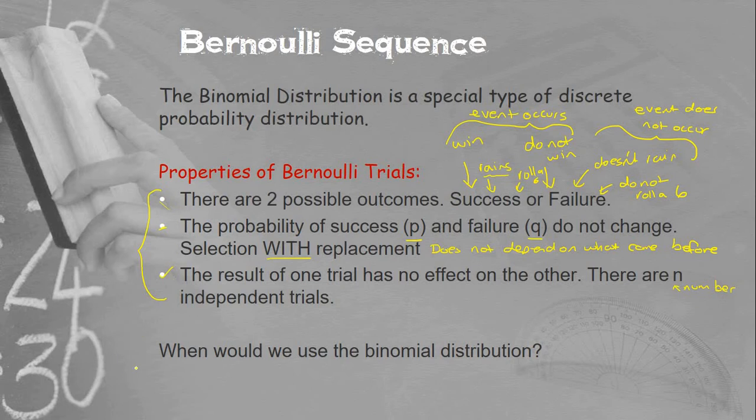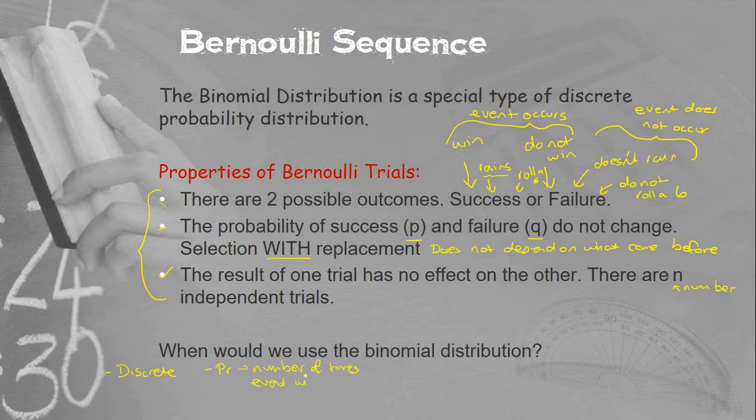We also need to be dealing with discrete data. Like I mentioned before, we do indeed need our data to be discrete. But there are a couple of other things. We also use this when we want to know how many times something happens. So we're trying to work out the probability for the number of times the event will occur.